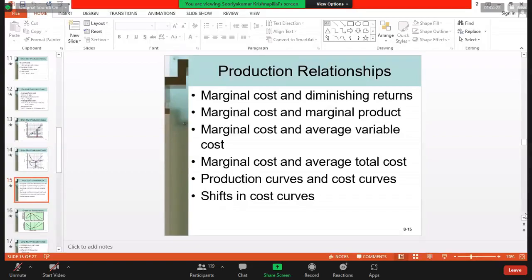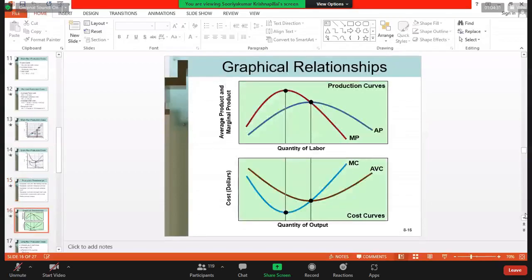So if the input price changes or technology changes, then the cost curves will shift. You can see that marginal product and average product, and marginal cost and average variable cost, are mirror images. The average variable cost and marginal cost curves are the mirror image of the marginal product and average product curves. But the horizontal axis is different: quantity of labor here, quantity of output there.